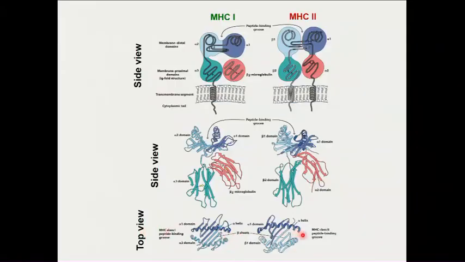The top view is quite interesting because we see that we have a beta sheet here and 2 alpha helixes that confine a certain space. And this is where the antigen is bound. The antigen is bound here in the middle, here and here. And we already see that their space is a little different. Here it's very rigid and small, and here it's a bit more variable. So we come to this later.